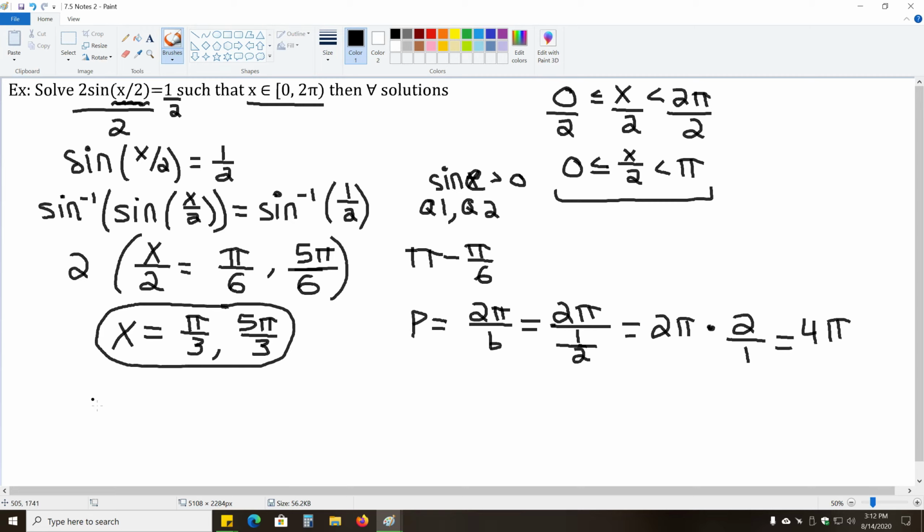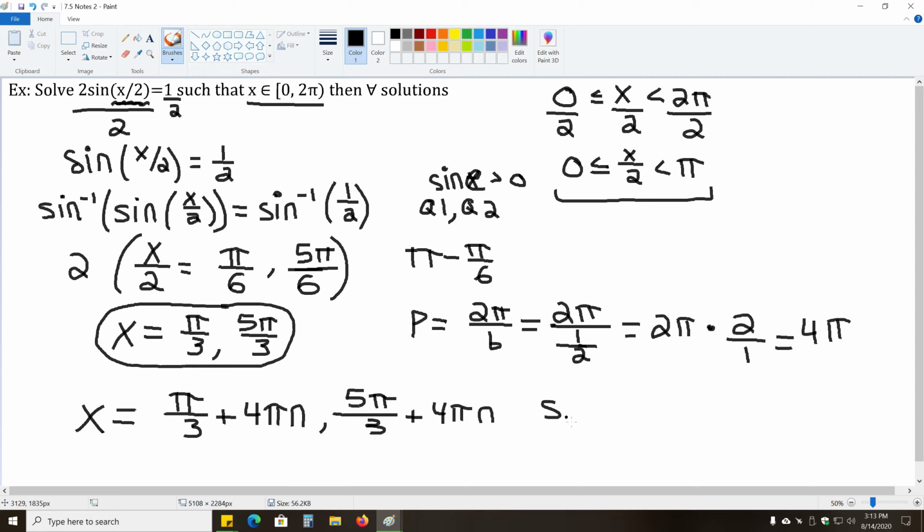So how would we say that for all solutions? Well, we'd say x equals pi over 3 plus 4 pi times some value n, and x equals 5 pi over 3 plus 4 pi times some value n, such that n is in the integers.